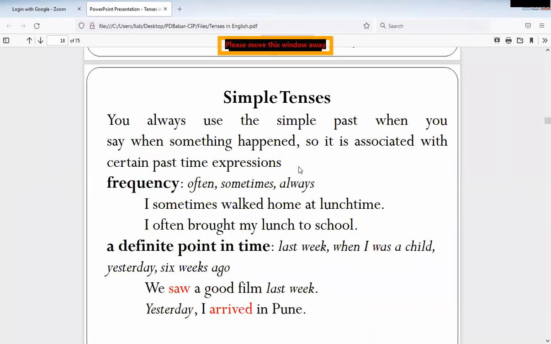And let's see its example. The first is, we saw a good film last week. We saw a good film last week. So this action we have done in the last week. Okay, we saw a good film, that is Surya Vansham or other.